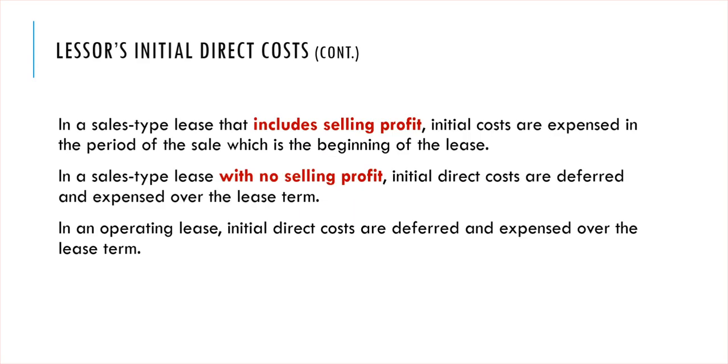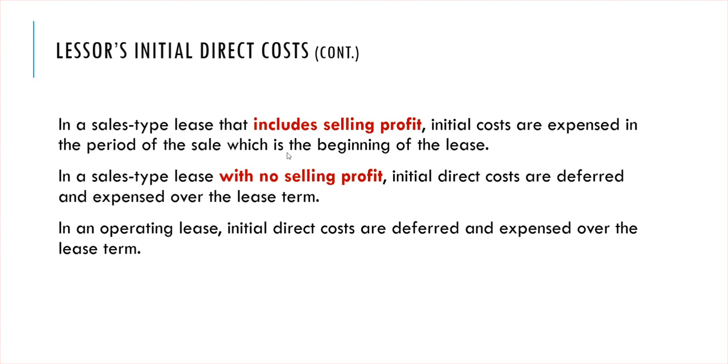Now, if it is a sales type lease and it includes selling profit, so it's an inventory item that the lessor is selling, then you consider this as including selling profit, and the costs need to be expensed in the period of the sale.